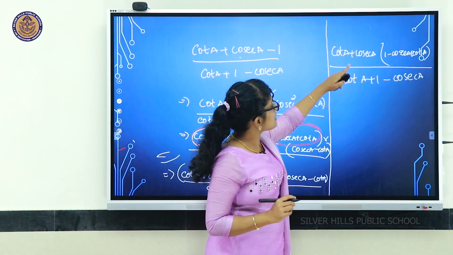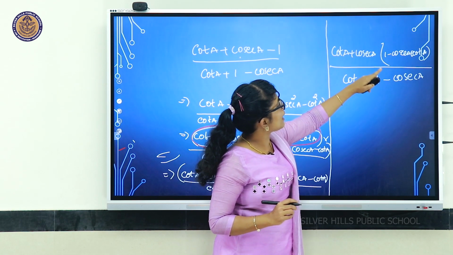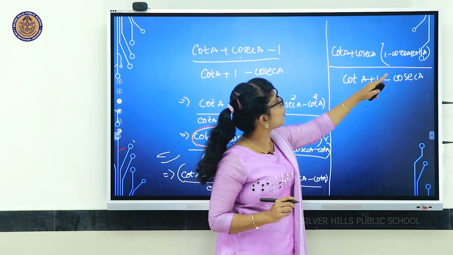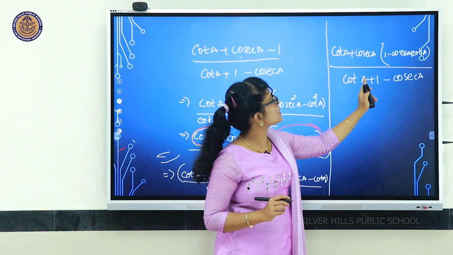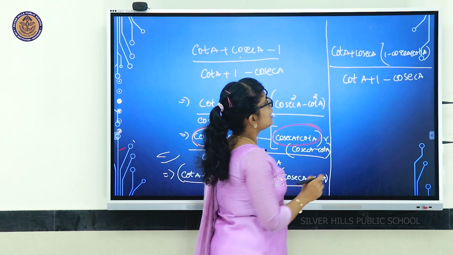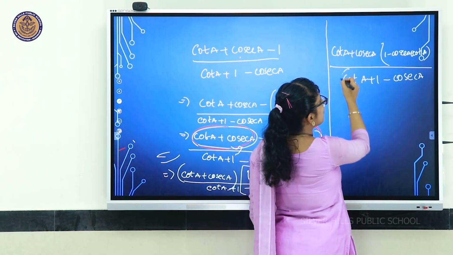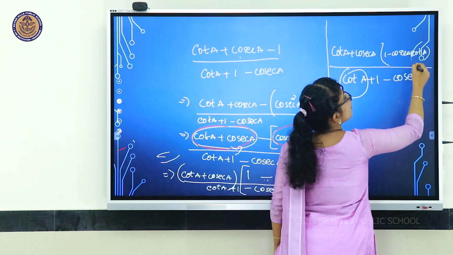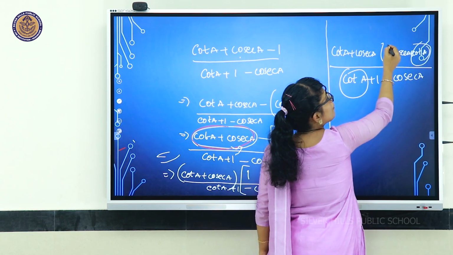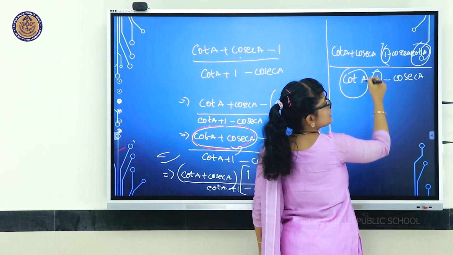Cot A plus cosec A into (1 minus cosec A plus cot A) by (cot A plus 1 minus cosec A). Let me check. Here positive cot A, here also positive cot A. Here positive 1, here also positive 1.